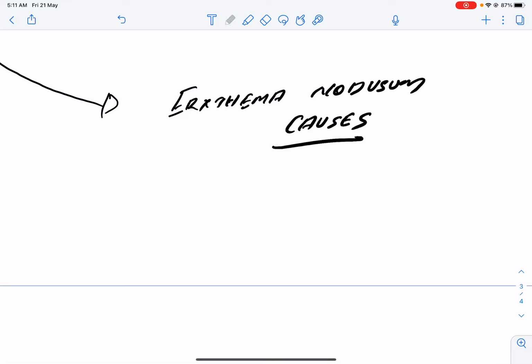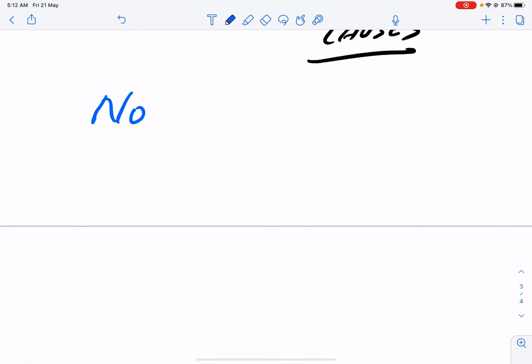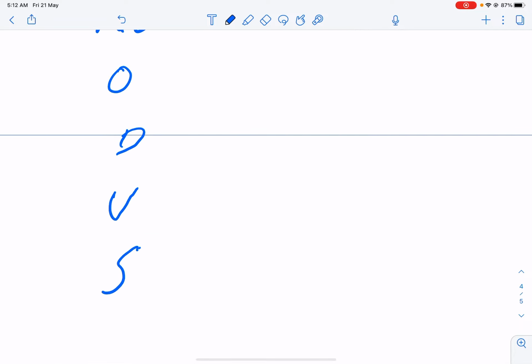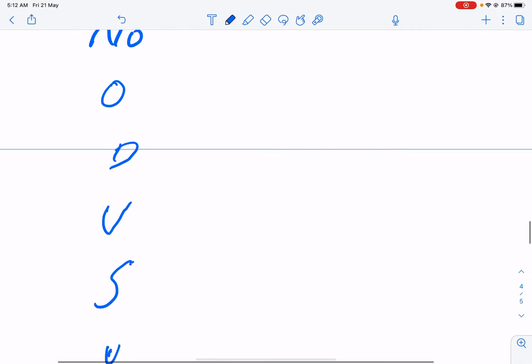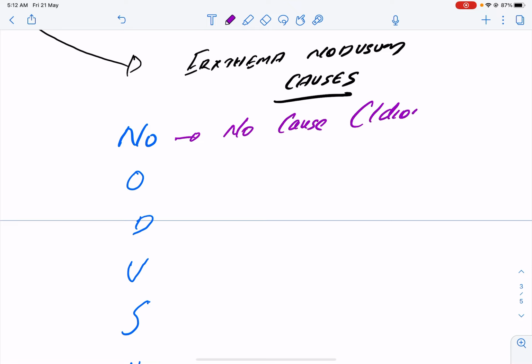You can remember it as a mnemonic itself: nodosum. So NO4 are the causes of erythema nodosum. N is for no cause, meaning idiopathic. O is for oral contraceptive pills.